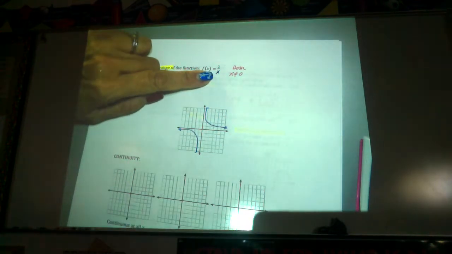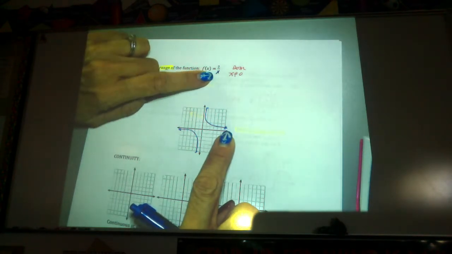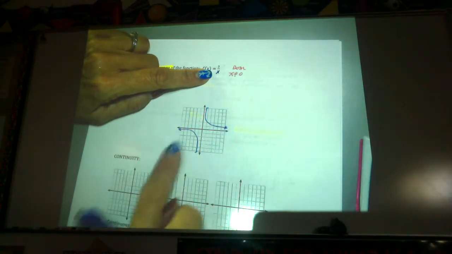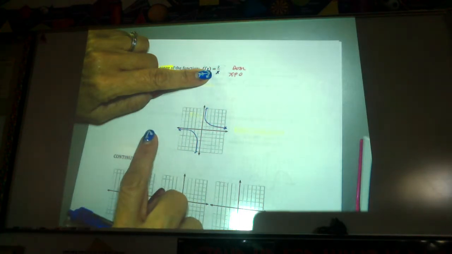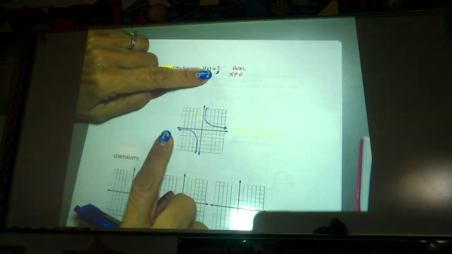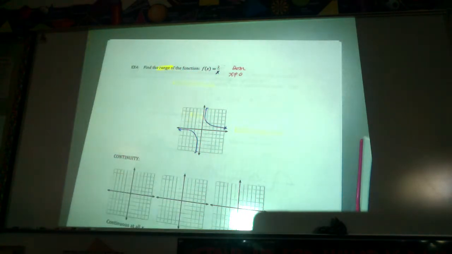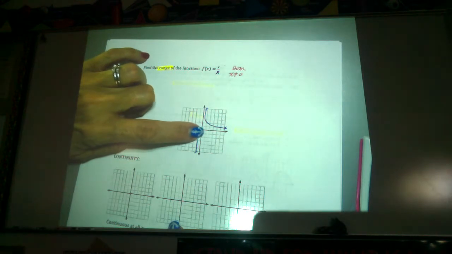As x becomes a bigger and bigger number, so as x goes to the right and becomes bigger and bigger, doesn't the value of that fraction become smaller and smaller? That's your y. Same thing occurs as x becomes more negative but bigger negative. Y is still going to become a smaller and smaller value negatively. But consider the space in between -1 and 0 and in between 0 and 1.